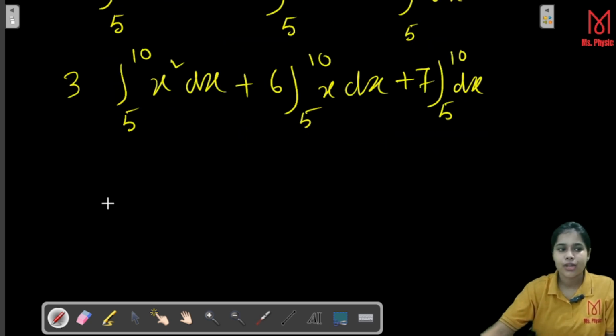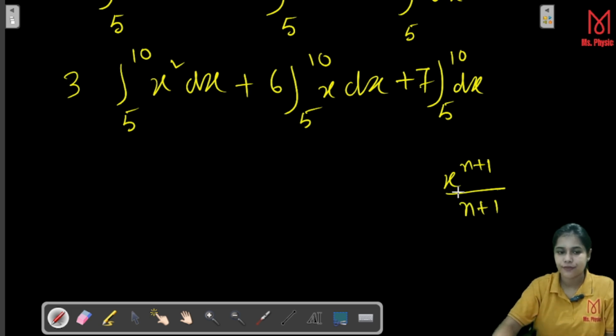Now what's the formula? For xⁿ, the integral is xⁿ⁺¹ over n+1. This is the formula, and you have to put in the limits.